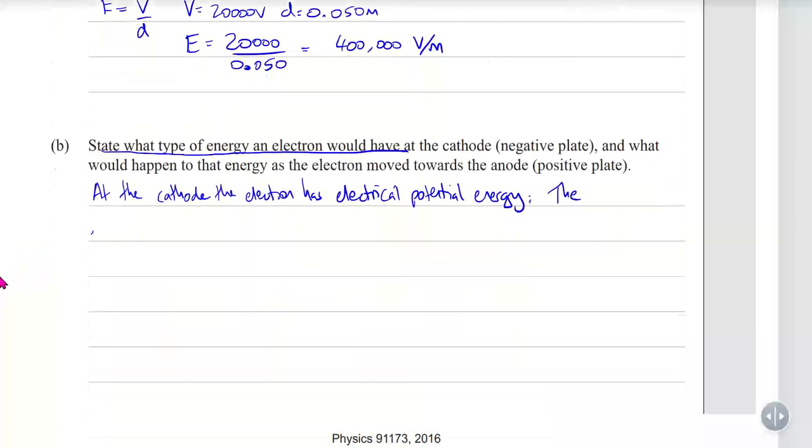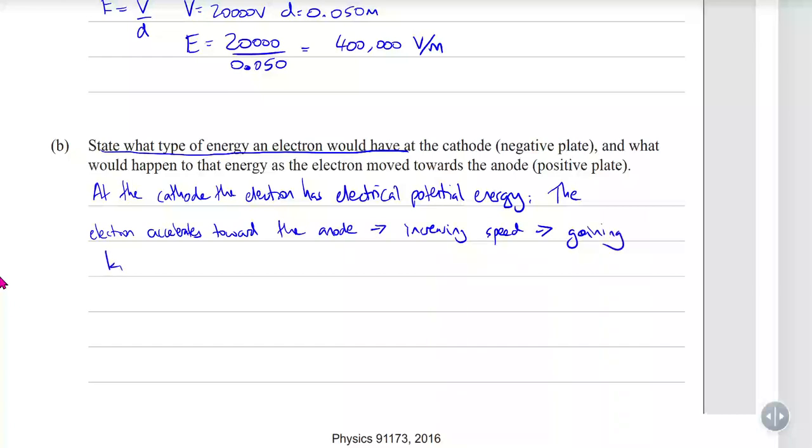The electron accelerates, this isn't about energy yet, toward the anode rather, increasing speed, gaining kinetic energy. So as it gets faster, it must be gaining kinetic energy, because EK equals a half mv squared.